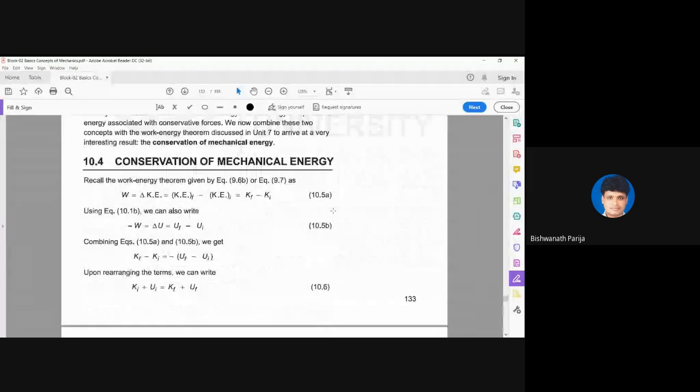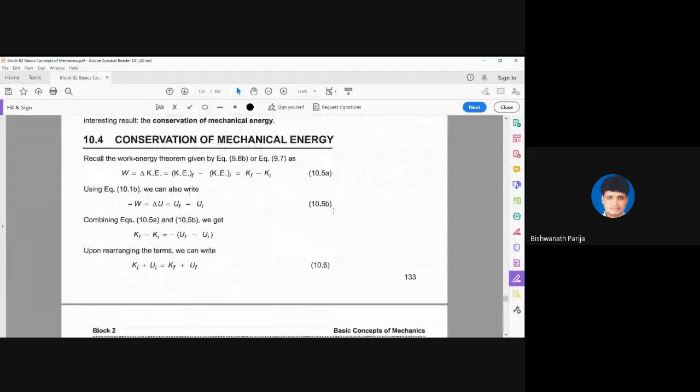You see this, stable, unstable. Then, conservation of mechanical energy means total initial mechanical energy equals total final mechanical energy. Kinetic energy plus potential energy initially equals kinetic plus potential energy finally.